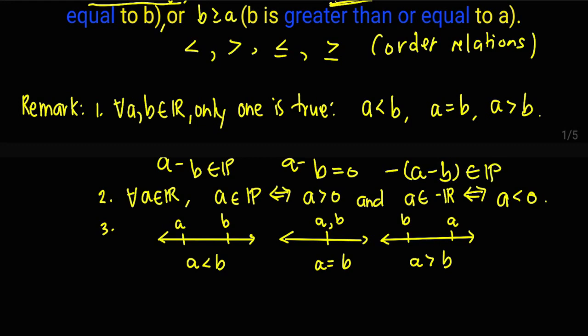To translate that into our order relation, for any real numbers A and B, only one of these must be true.